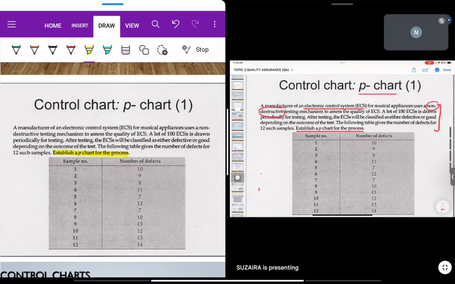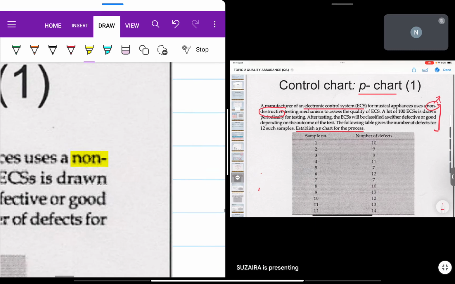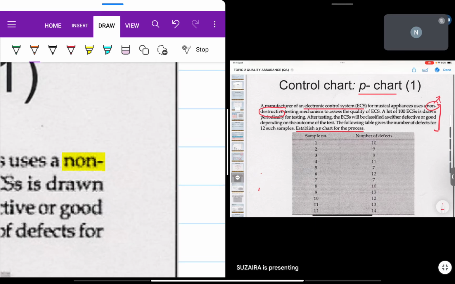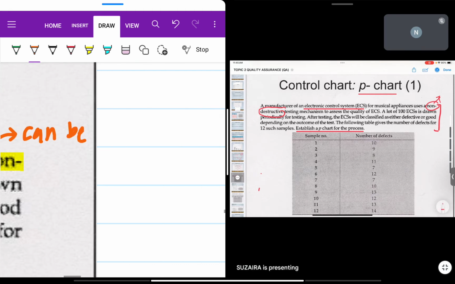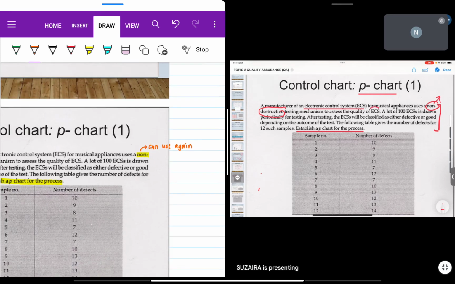Can you use it back, or is it considered that you cannot use back the sample? Non-destructive means you can use it back, so you can take back the samples. Non-destructive testing is used to assess the quality of ECS. ECS is electronic control system.